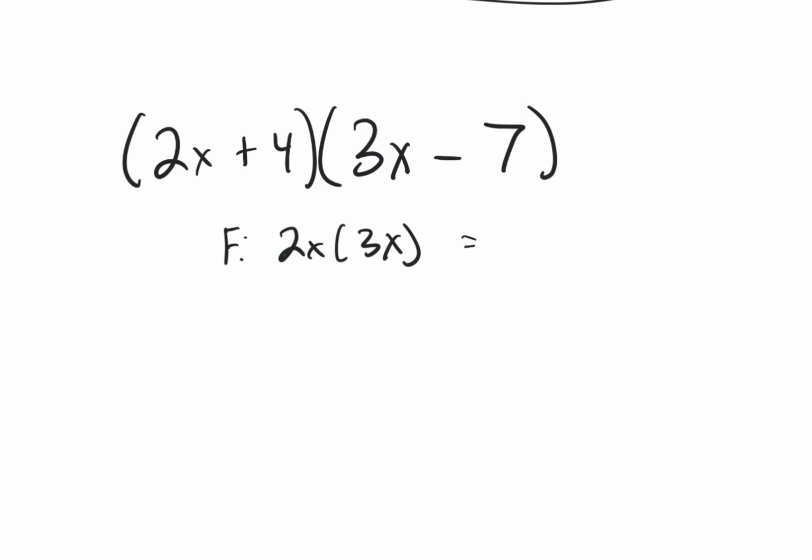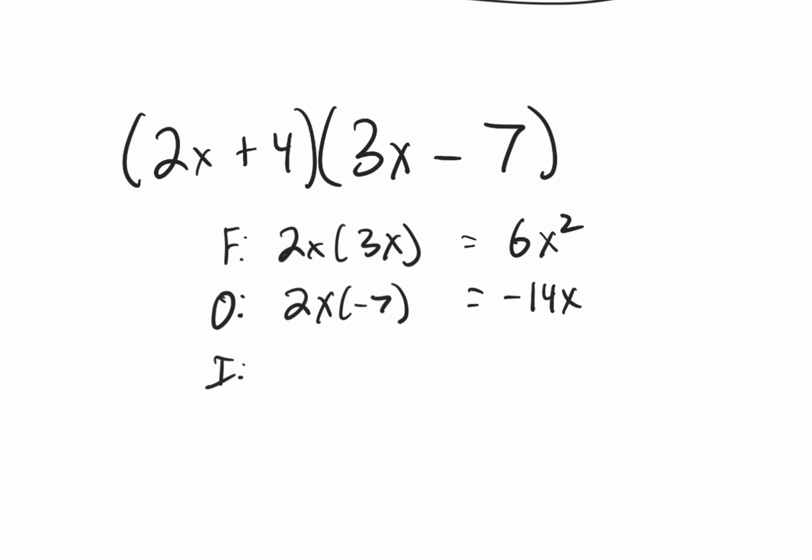2x times 3x, 6x squared. So that's our first term. Outside term is 2x and negative 7. 2x times negative 7 is negative 14x. Inside is 4 times 3x, which is 12x.